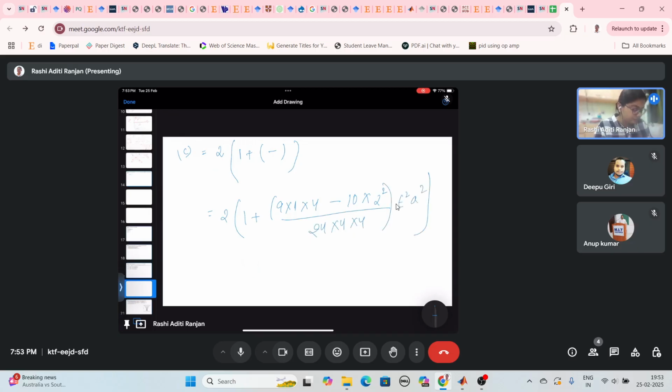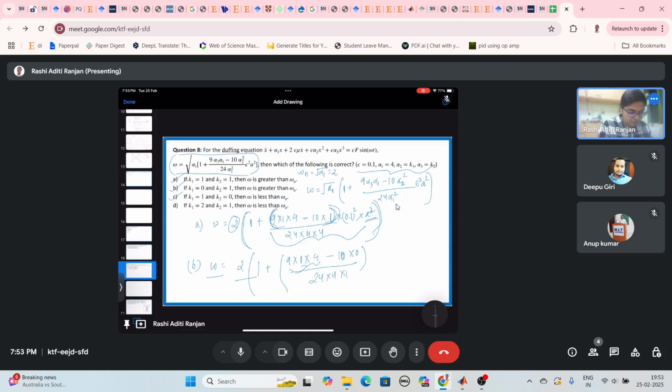If you see this, we have 36 and we have 40, so this comes out negative. So this option is also correct. Okay, I hope this is clear.